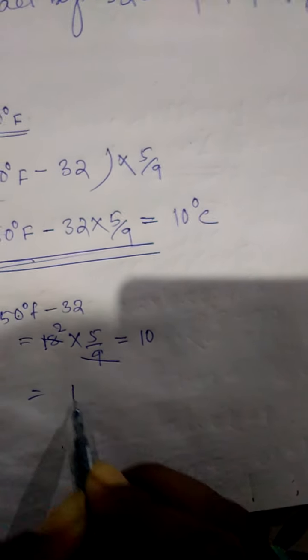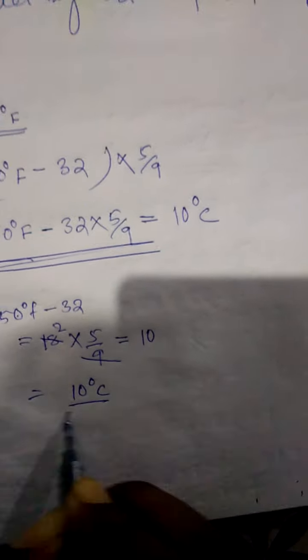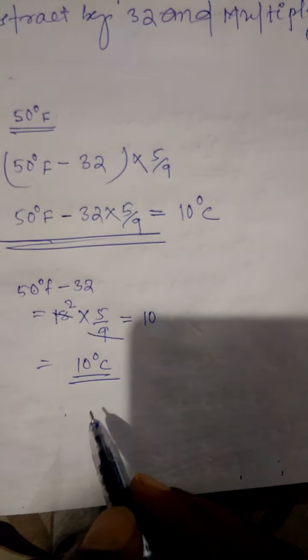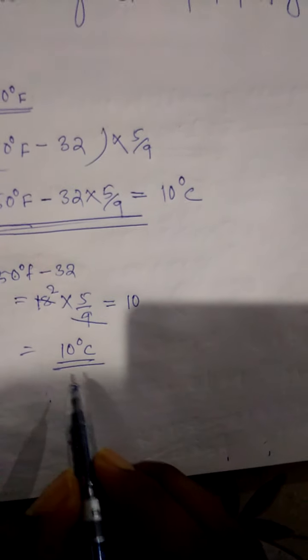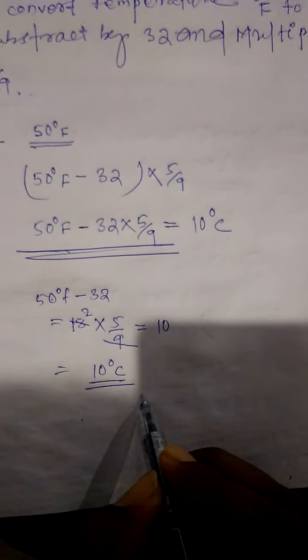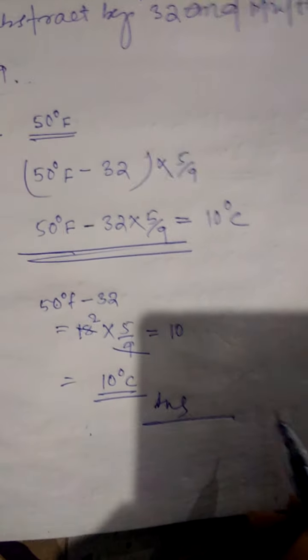So we get 10 degree Celsius. In this way Fahrenheit is converted to degree Celsius. This one is the answer.